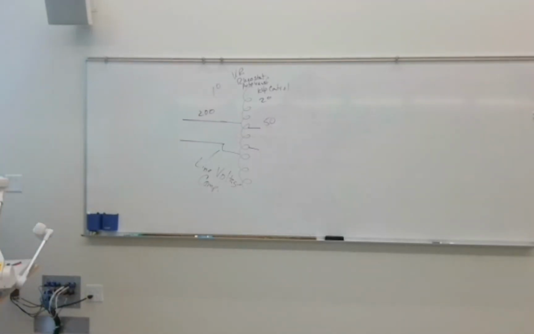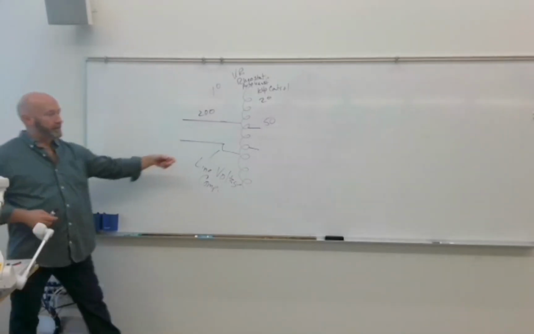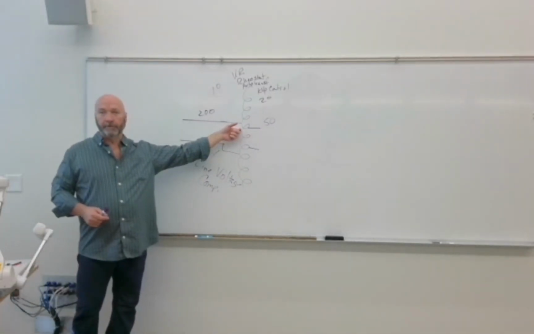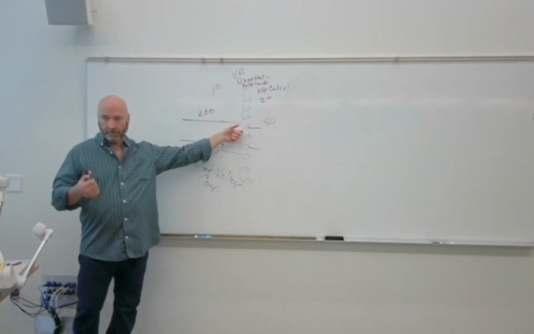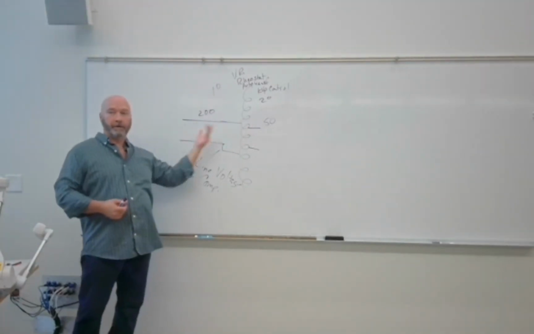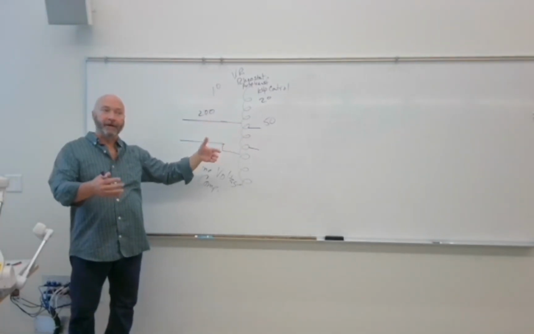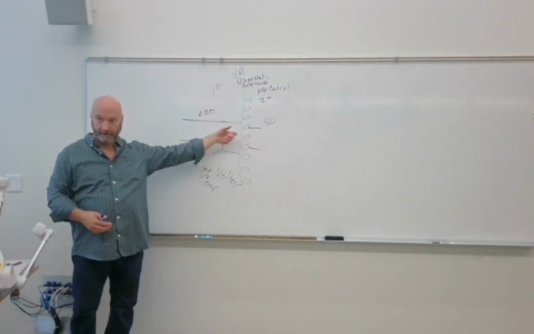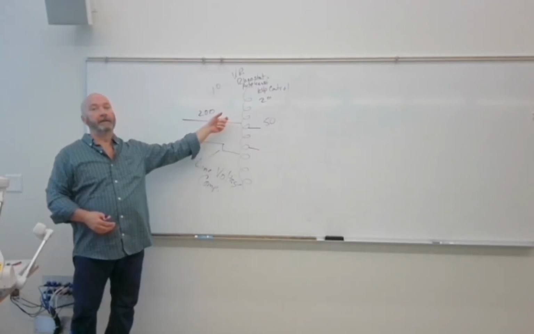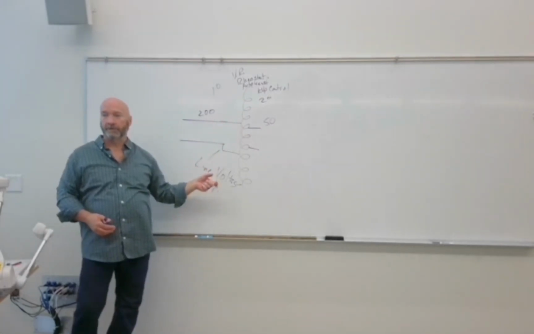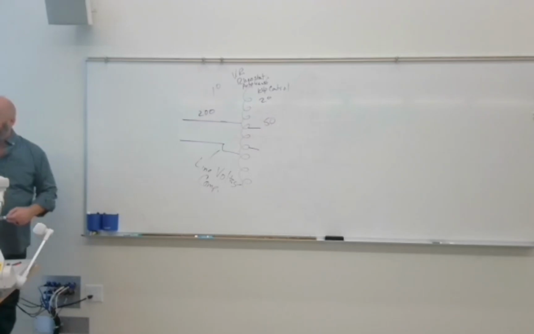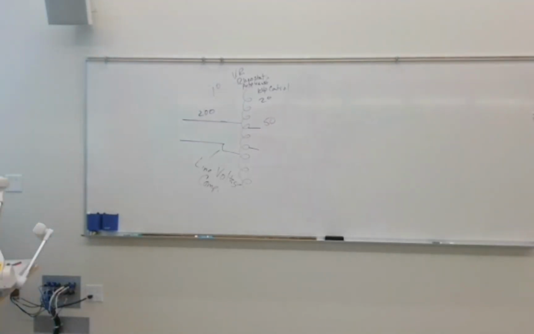Okay, so for example, what's the one thing that comes before the autotransformer? Line voltage compensation. On that diagram, the only thing that comes before the autotransformer is the line voltage compensation circuit, right?